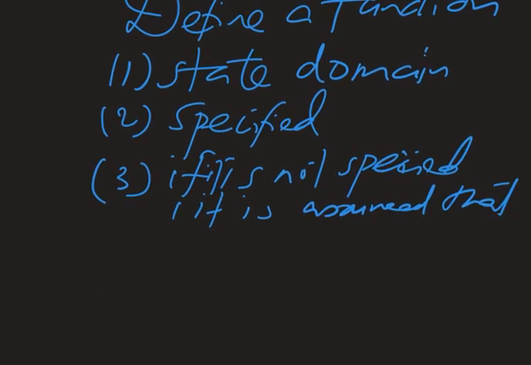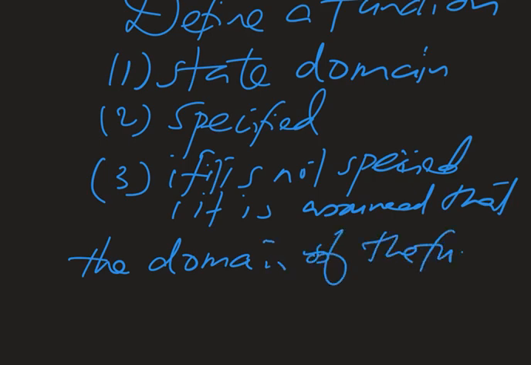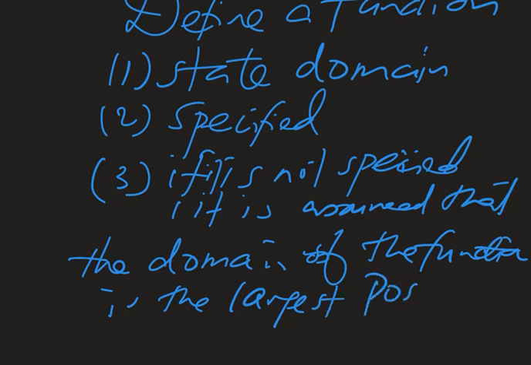Now at A level you have a lot of theory, you have a lot of concepts that you need to understand, so bear with it. If it's not specified, it is assumed that the domain of the function is the largest possible.